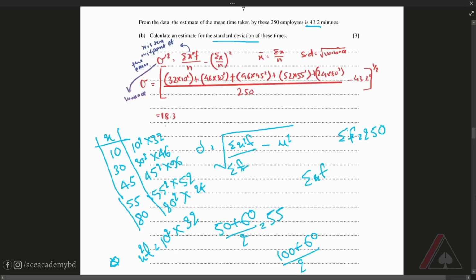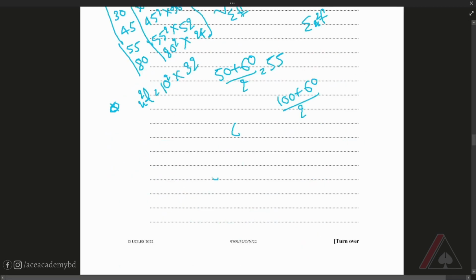And then to find the total of x square f, we add all these values, and we divide them by 250. So the formula is x square f by f, where we have found that f is 250, minus mean square.